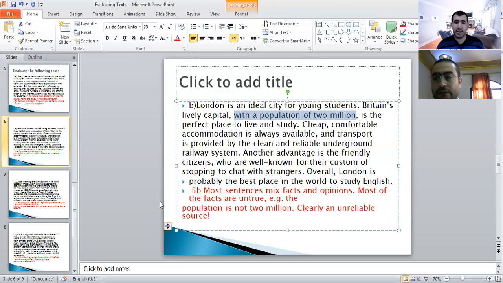If it's more than 2 million, then the 2 million in the text would be a fact and false. You should also get your information from a reliable source, not just anything on the internet, of course.